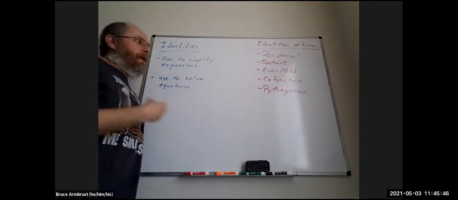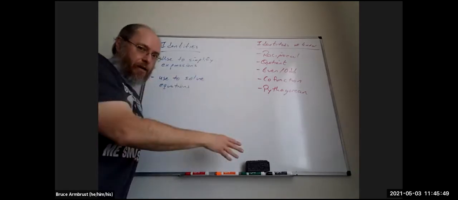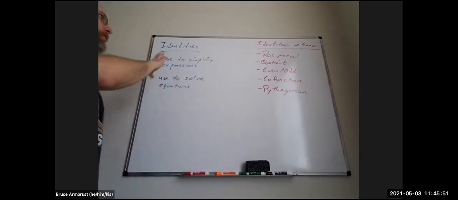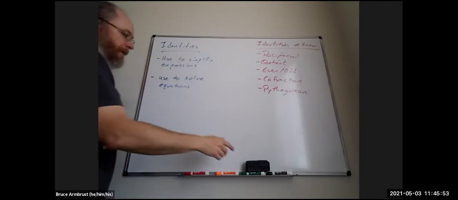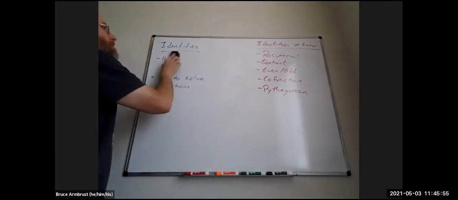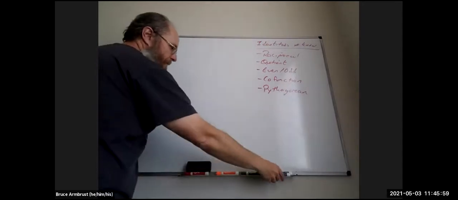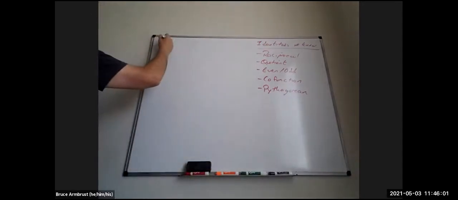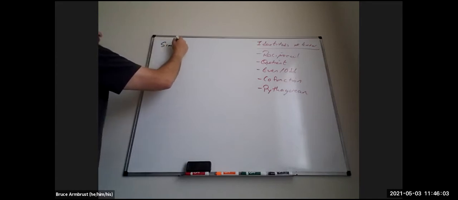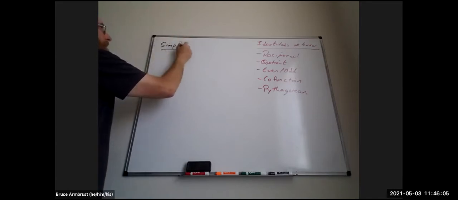Okay, but I want to practice with the ones that we know, and show you what I mean by simplifying expressions. So let's just dive in with this example right here. We're just going to simplify the following.